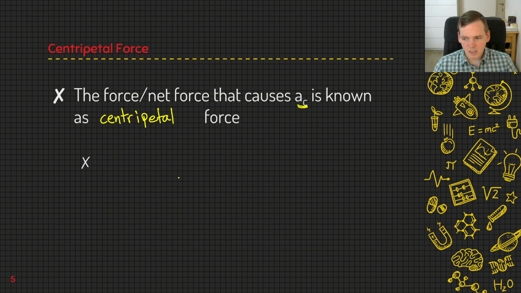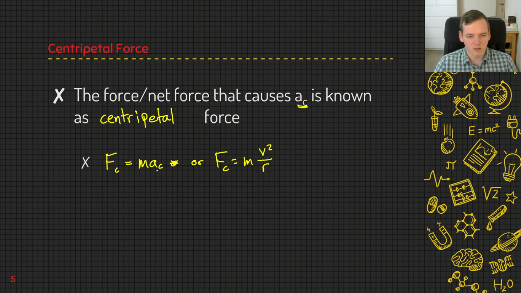And the equation for this is that the centripetal force equals the mass times the centripetal acceleration. Or if you prefer, you can also write, let's write an or here, F_c is equal to m v squared over r, where we're just substituting in what we know to calculate for a_c.